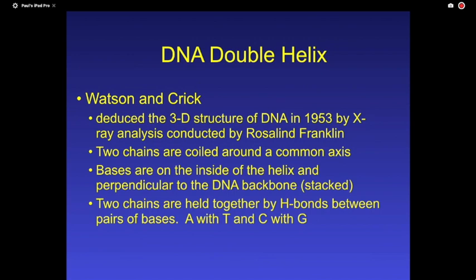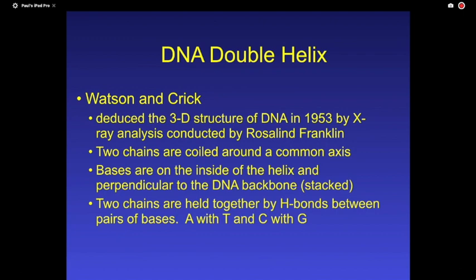Okay. The DNA double helix kind of explained to Chargaff why his mathematics work, and this was credited to Watson and Crick, who deduced the three-dimensional structure of DNA in 1953.